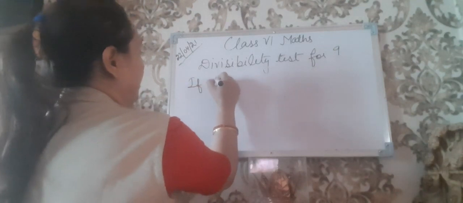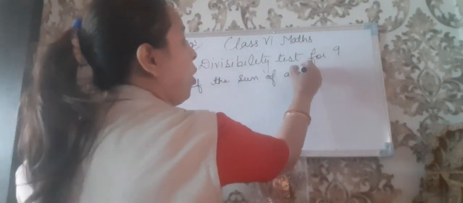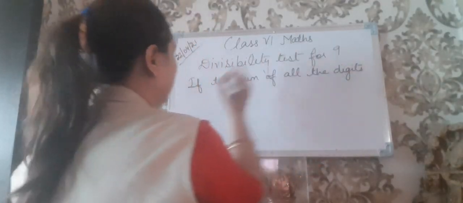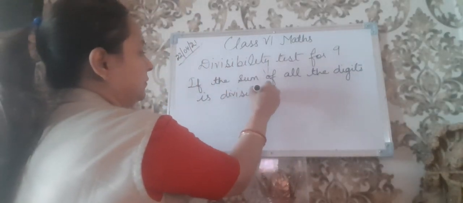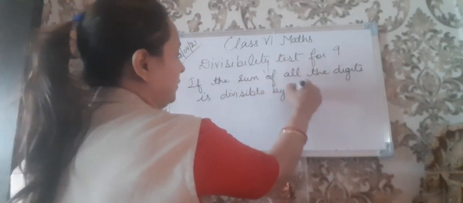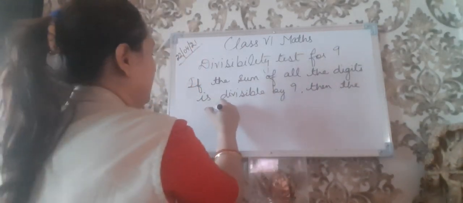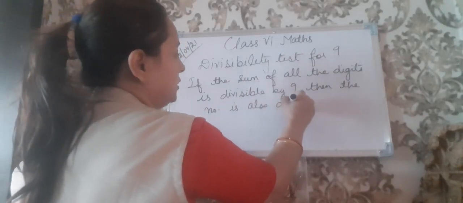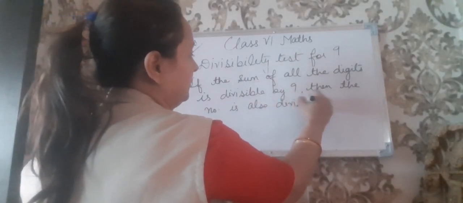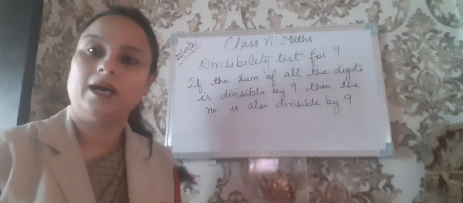So if the sum of all the digits is divisible by 9, then the number is also divisible by 9. Understand?